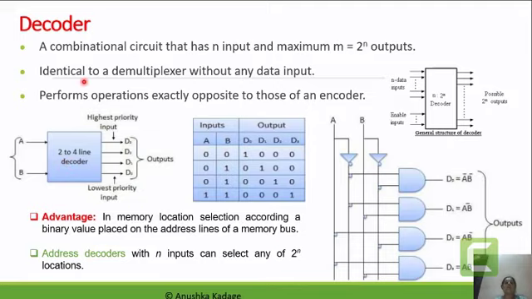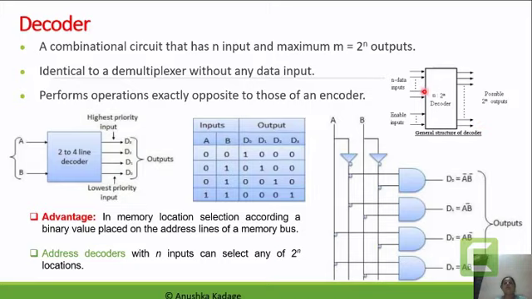That's why we specify that a decoder is a combinational circuit which has n number of inputs and a maximum of 2 raised to n number of outputs. So here you can see the n number of input data lines have been presented and the possible outputs will always be 2 raised to n.